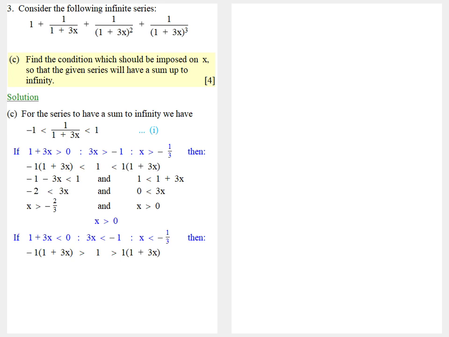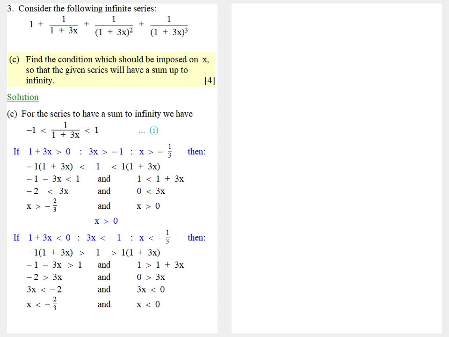So, minus 1 into 1 plus 3x is greater than 1, which is greater than 1 into 1 plus 3x. Now they can be simplified as minus 1 minus 3x is greater than 1, and 1 is greater than 1 plus 3x. If we subtract 1, we get minus 2 is greater than 3x, and 0 is greater than 3x, which is the same as 3x is less than minus 2, and 3x is less than 0.